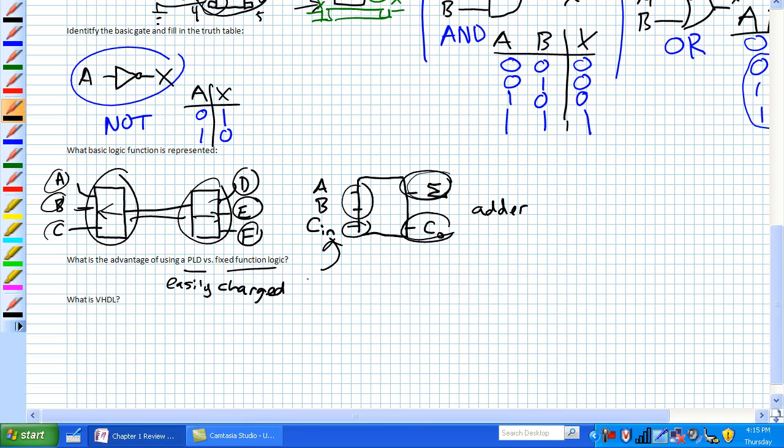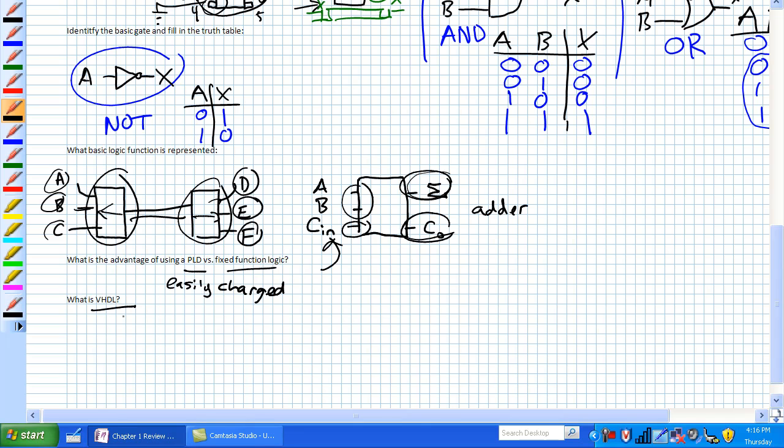Fixed function logic, it's one of those things, once you've built the circuit and printed the circuit board, it cannot be easily changed. Okay, so once you know the programming language for PLDs, it's easy to go ahead and change it without doing a lot of hardware.